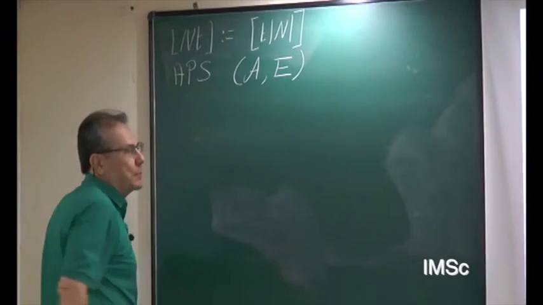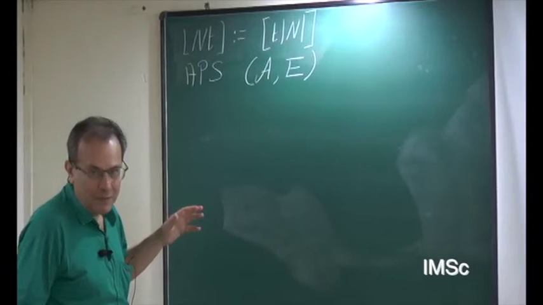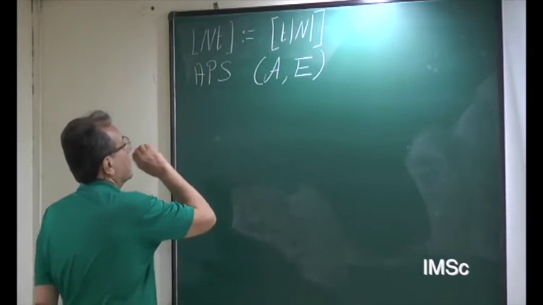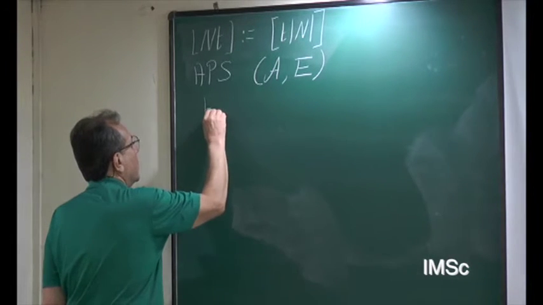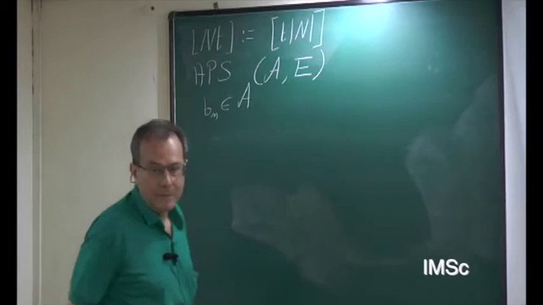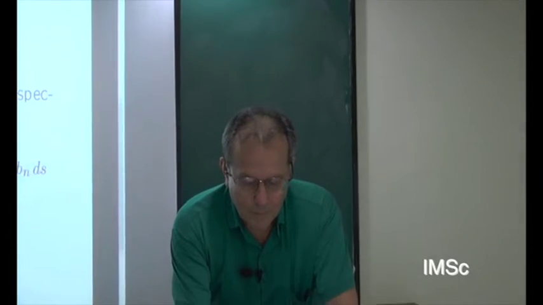I use the symbol expectation because we need a little bit less than a state for the central limit theorem, but here you can think it is a state. And the Bn belong to A. So we want to study the asymptotics of these sums.